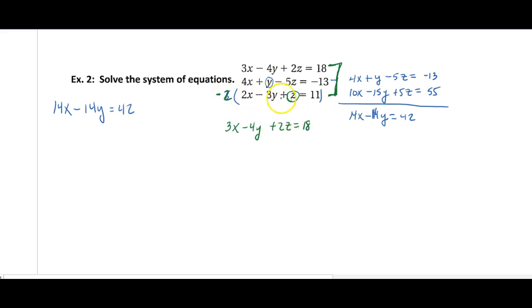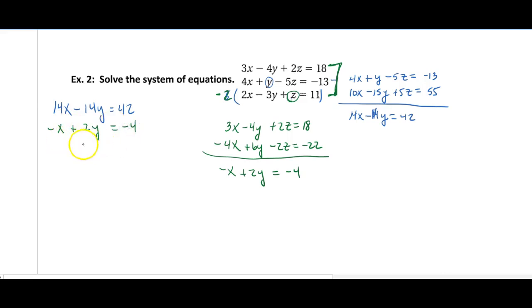When I multiply the second equation by negative 2, I'm going to get negative 4x, plus 6y minus 2z equals negative 22. When I combine these, I get negative x plus 2y equals negative 4. I'm going to line that up underneath over here: negative x plus 2y equals negative 4.